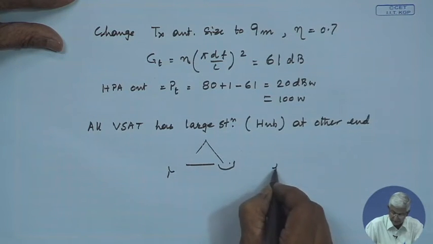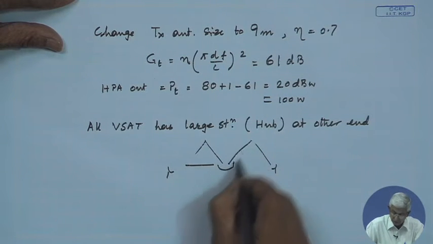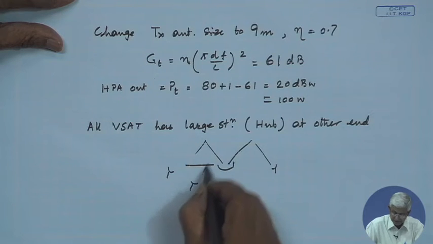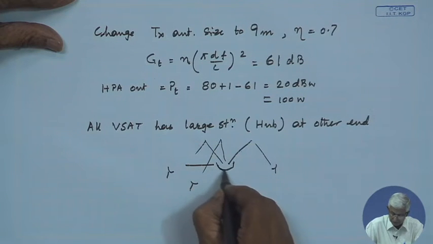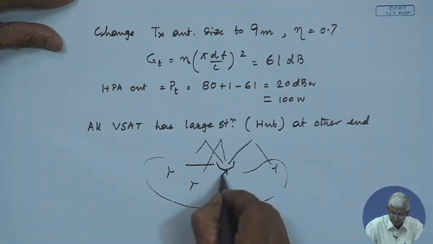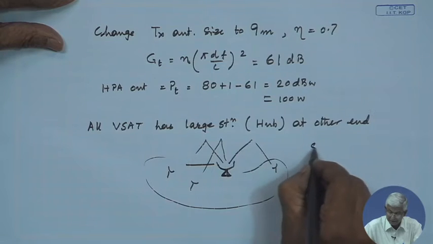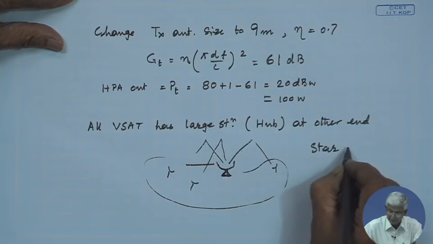There is another VSAT which is communicating with a large station. So, all VSATs are communicating with the large station. So, in a total network of VSATs, we have one central station which is called, obviously you can call hub, and it is a star type of configuration.